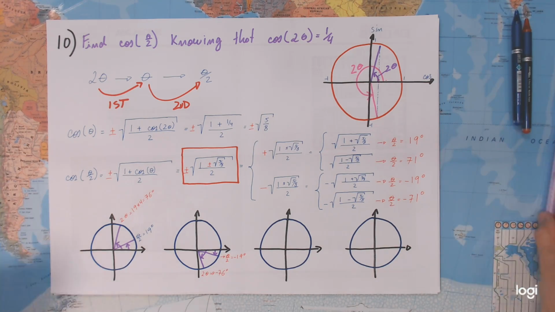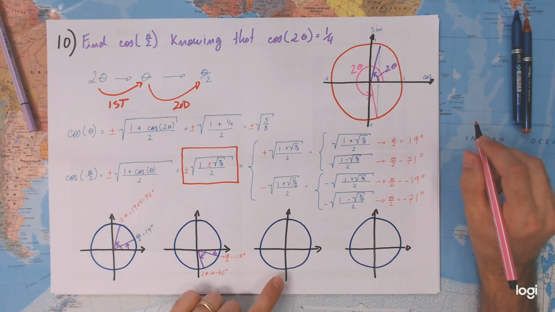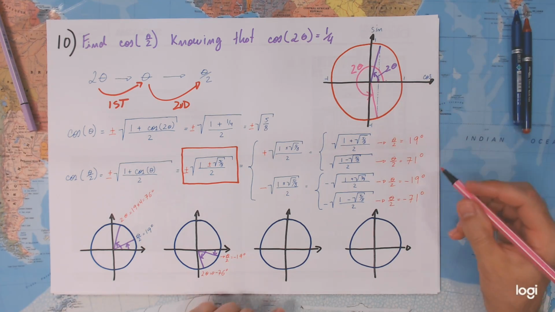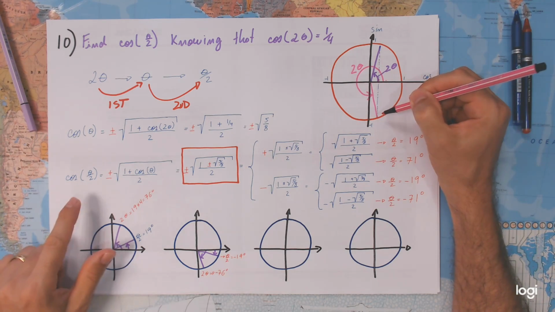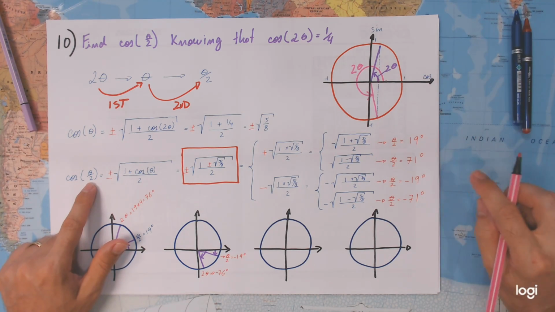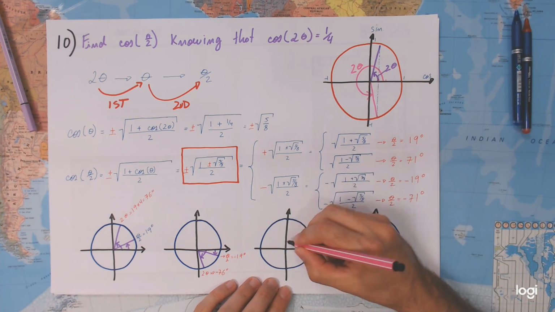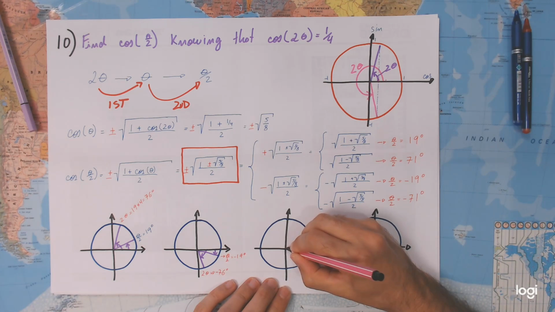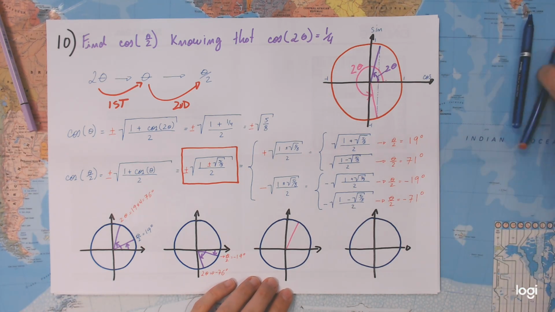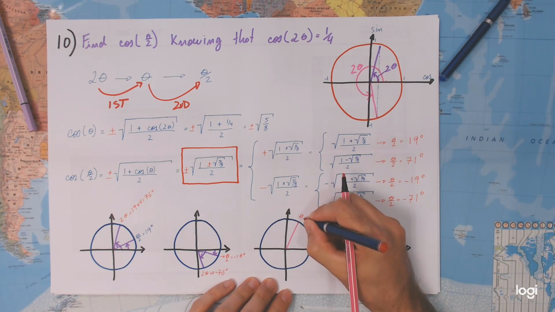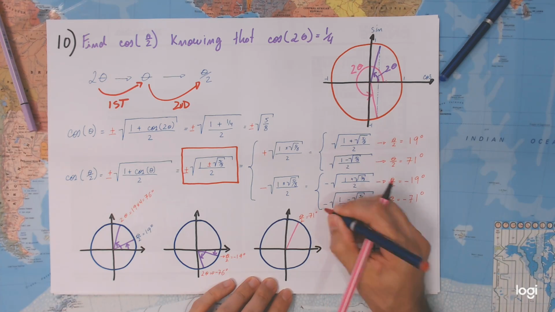Okay, and now let's analyze the other option, where 2 theta would be this big angle and theta over 2 would be 71. So in this other scenario, this would be theta over 2, this one 71 degrees.